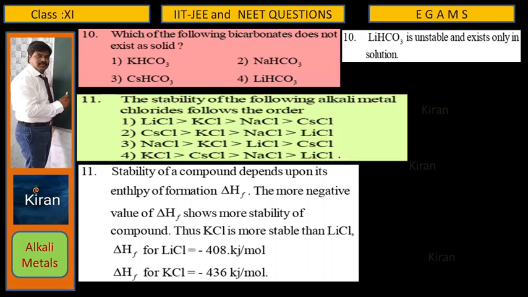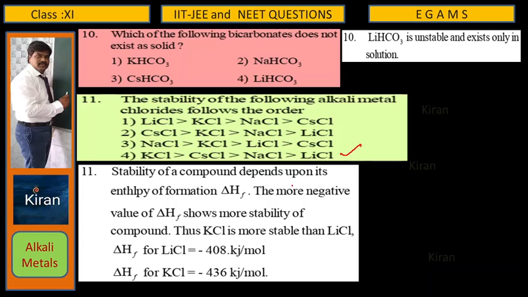In another way also I am explaining. These are experimental values, but we can't remember them, so I am simply saying how to answer this. Potassium, cesium, sodium and lithium are there. What do we observe? Lithium has the smaller atomic size.